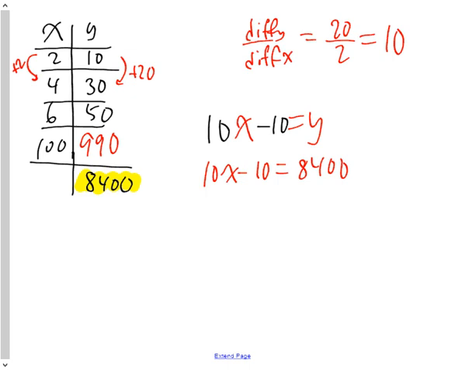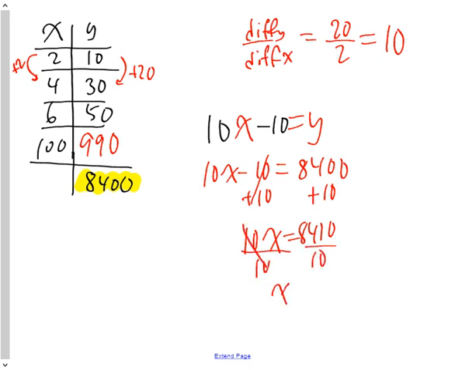And all I've done is I've created a very simple grade 7 algebraic equation with simple coefficients and constants that when I add 10 to both sides, I get 10x equals 8,410. And when I divide both sides by 10, I get x is equal to 841. So the corresponding x value, therefore, when y is 8,400, when I simplify it, I could find out the corresponding x value using algebraic isolation is 841.